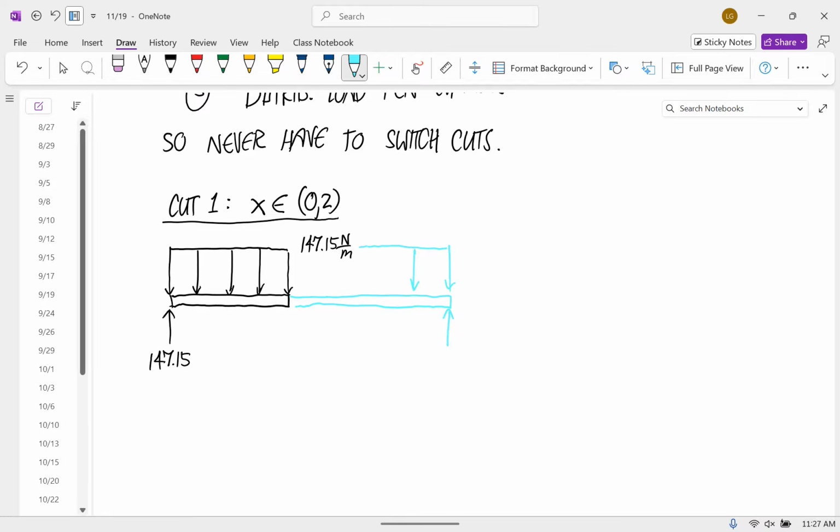Wait, but I thought that the whole beam was 2. Yes. So this is not saying that. What I've drawn goes from 0 to some x value, and that x value has to be somewhere in this interval.